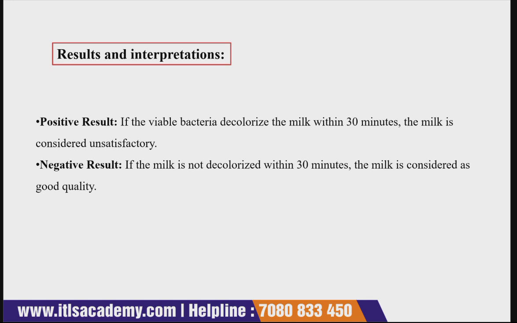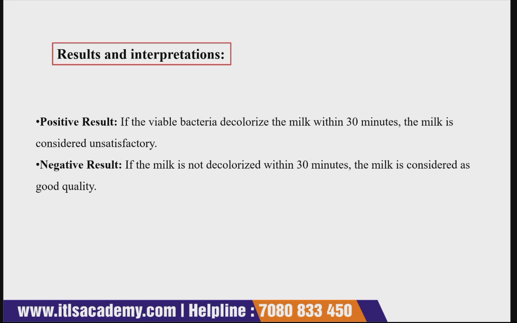If the viable bacteria decolorize the milk within 30 minutes, the milk is considered unsatisfactory, which means the test is positive, that is, bacteria are present. But if the milk is not decolorized within 30 minutes, the milk is considered good quality. So a positive result occurs when the bacteria present in the milk decolorize it within a certain period of time, like 30 minutes. And if within 30 minutes the milk does not decolorize, the test is negative.